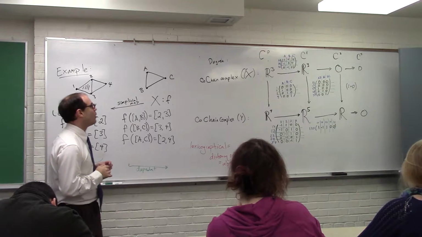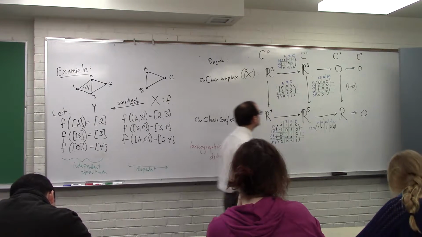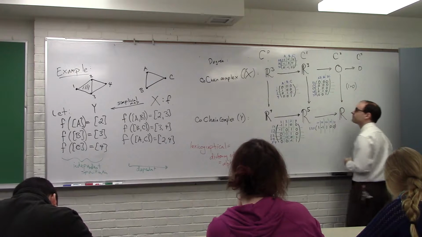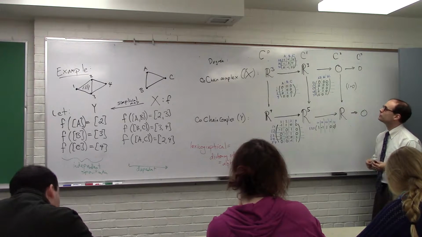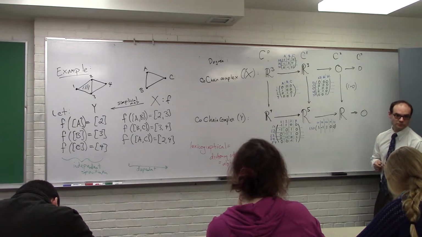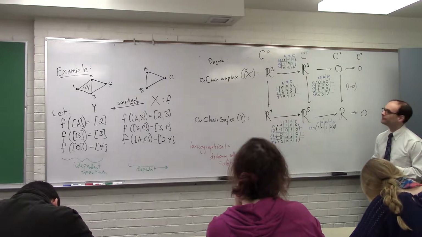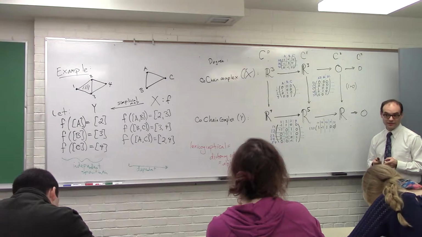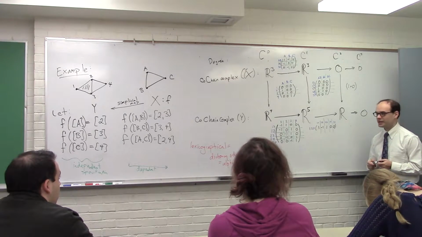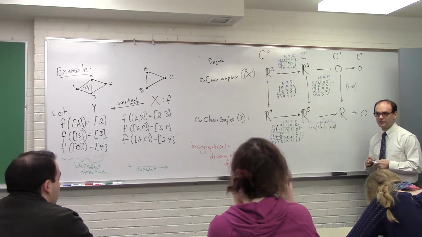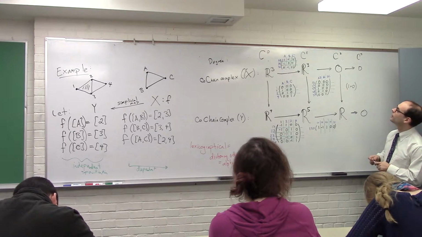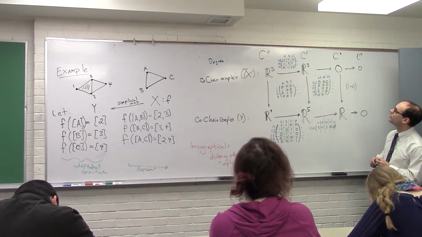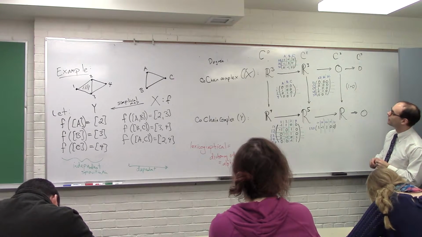And so now all we would need to do to check to see if this is a chain map is do a little bit of multiplication. What do we have to do? How do we check if this is a chain map? Exactly. Isn't it not because the top line, R3 to 0, then goes down to R, that doesn't make sense.